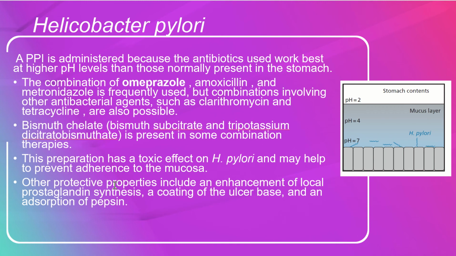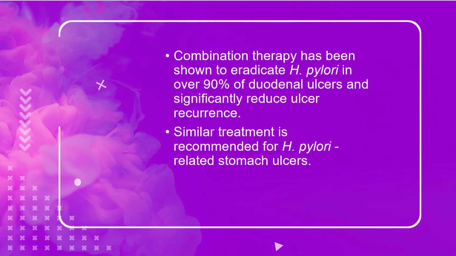So this preparation has a toxic effect on H. pylori and may help to prevent adherence to the mucosa, as we see it adheres to it. Other protective properties include an enhancement of local prostaglandin synthesis, a coating of the ulcer base, and an adsorption of pepsin.